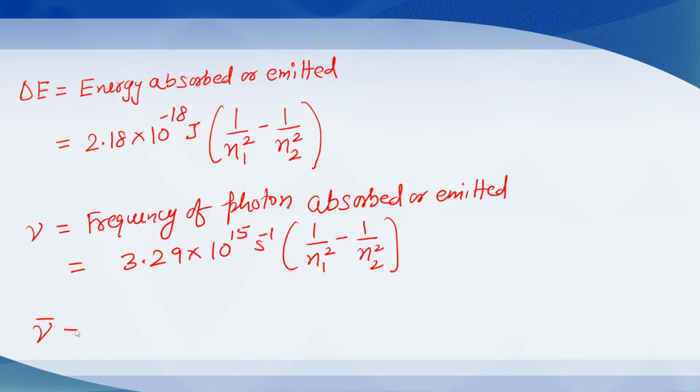And the last is the wave number, and that is equal to 1.09677 into 10 to the power 7 per meter, into 1 upon n1 square minus 1 upon n2 square.